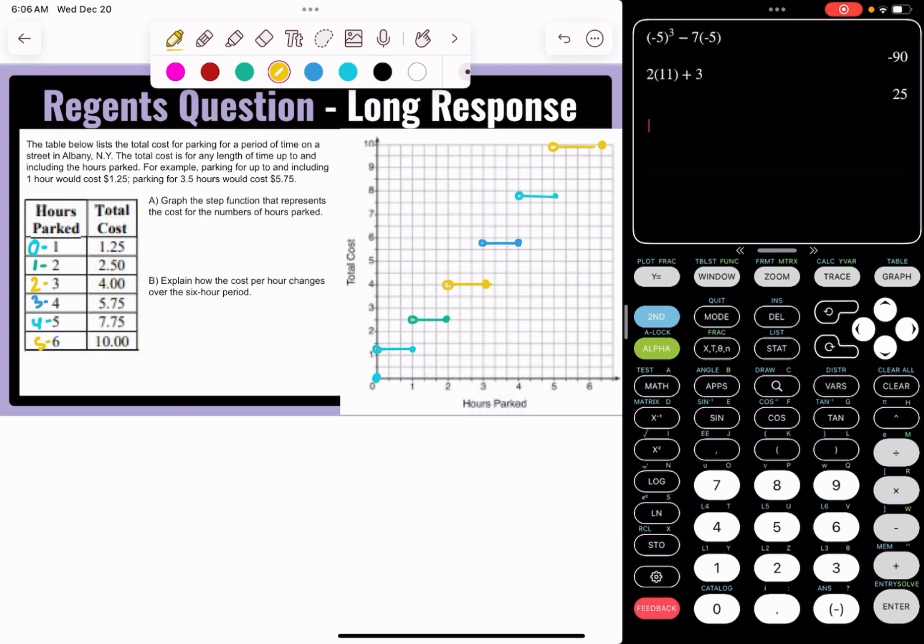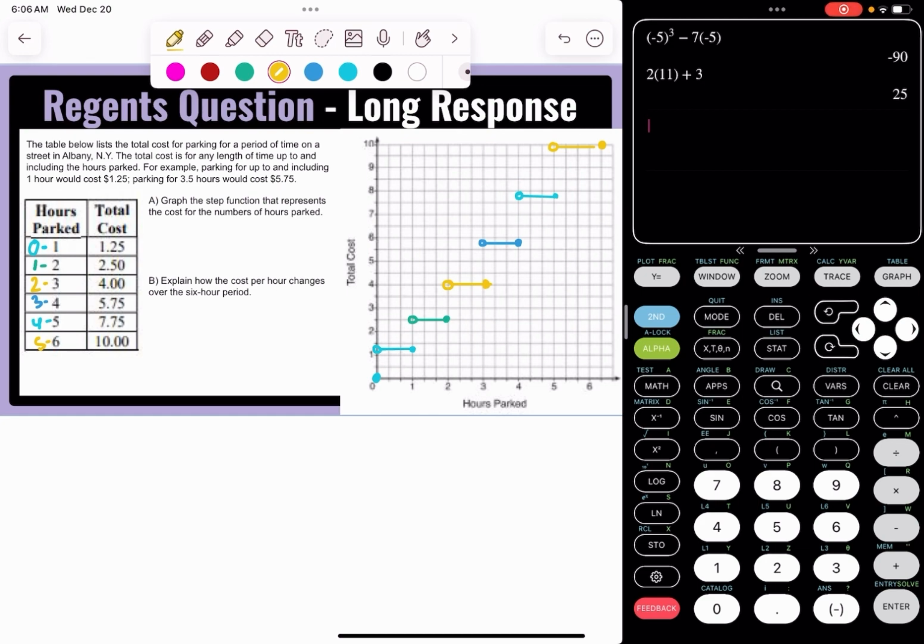There we go. And now they want us to explain how the cost per hour to park changes over a period of 6 hours. So let's think about it. As soon as you park a minute over that whole number, so as soon as you're a few minutes over 1 hour, you are going to have to pay the next parking rate.